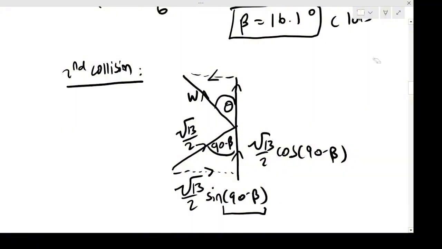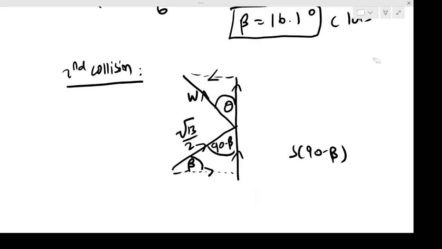But actually notice that this angle here is beta. If I extend the floor that we looked at before, that's just the angle beta, and that will be 90 degrees.